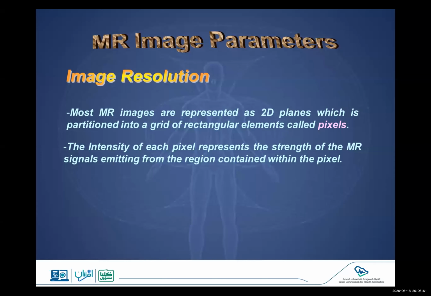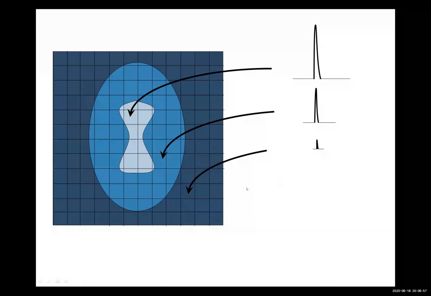The intensity of each pixel represents the strength of the MR signal emitting from a region contained within that pixel. Let us see. For example, this is just a very crude image which I made.